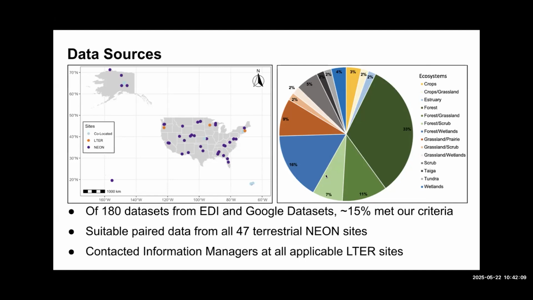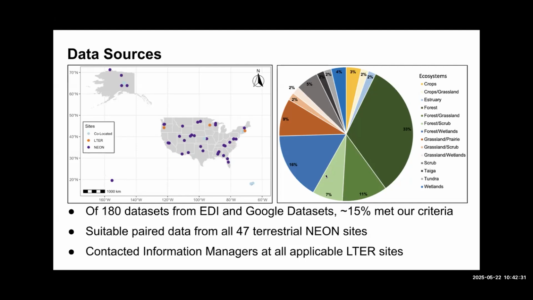And then so far, we have a small number of LTER sites that we were able to get appropriate data from. But we've been in contact with, I think, pretty much every information manager from an LTER site that we think would have data relevant to us. We're going to keep having those conversations to see if we can find more data sets that meet our criteria.